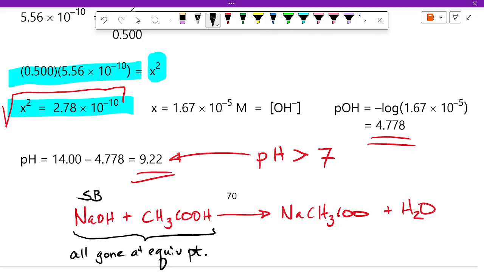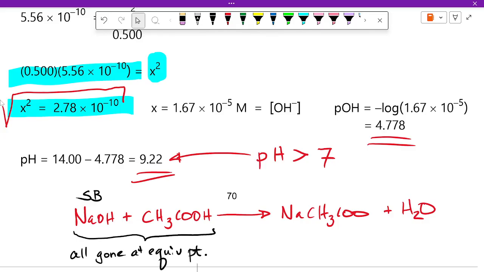And it's just a complicated mathematical mess. I don't even know where I would start. I'm sure I could figure it out, but that sounds like a lot of work. So don't worry, you're never going to have just random weak acid mixed with random weak base. We will have situations where we have weak acid and its conjugate base together, but then we can just use that equilibrium, and that's fine.